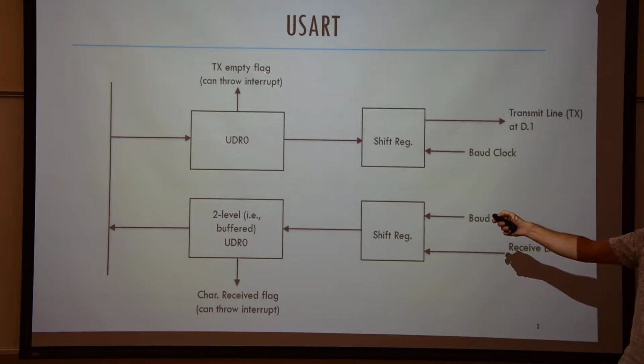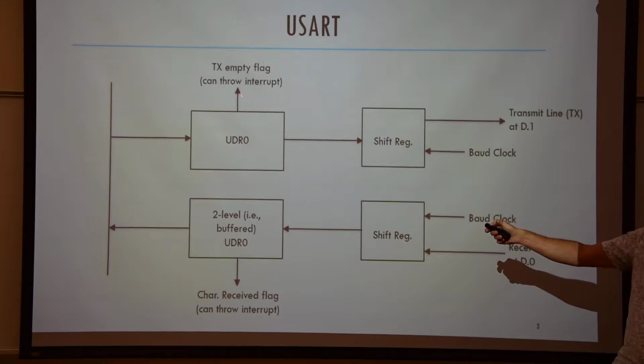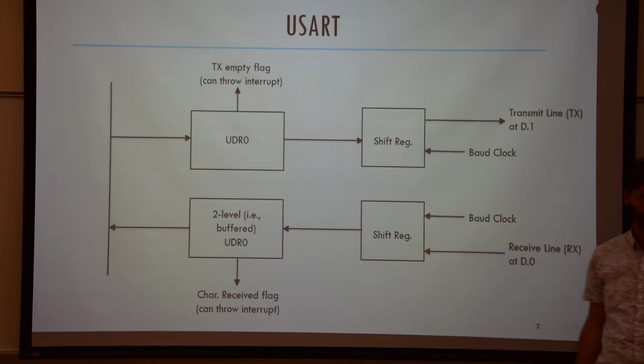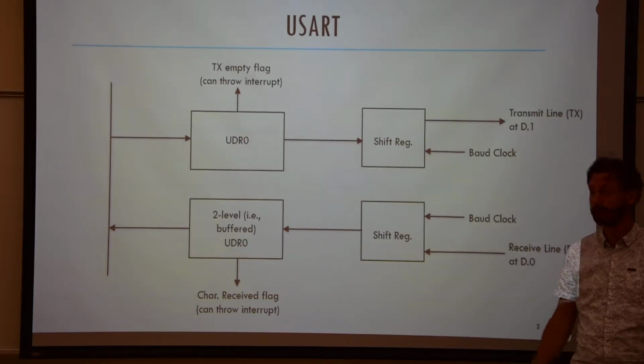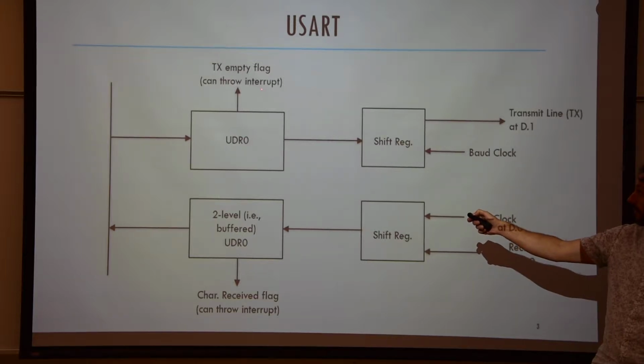And that particular flag, the moment that it is set, it can also throw an interrupt. And when you have an interrupt, we will come to that in the next block, you can write an interrupt service routine, and that interrupt service routine would immediately start executing when this interrupt is called.